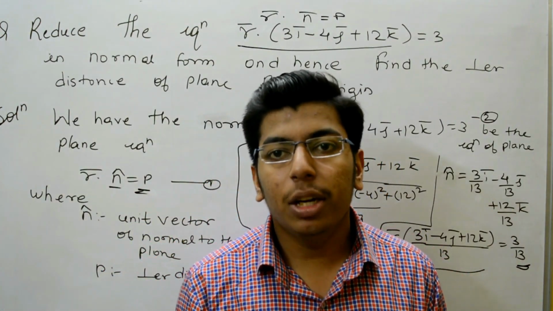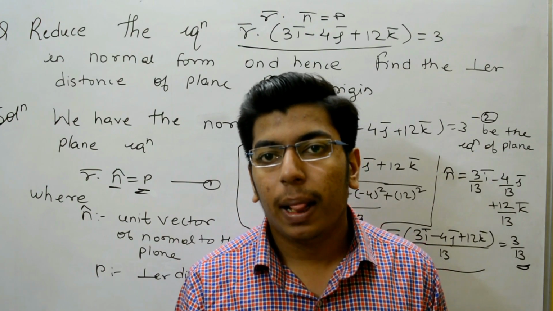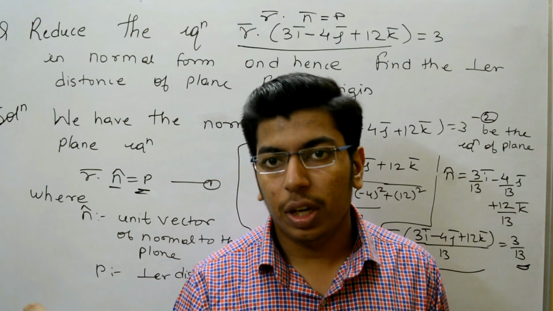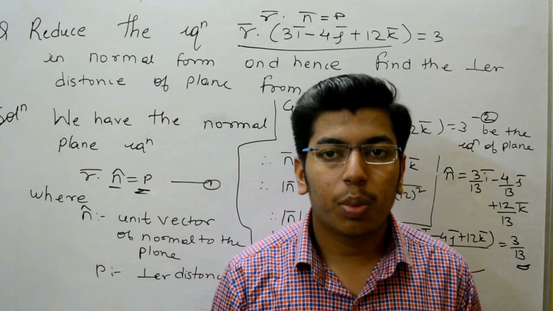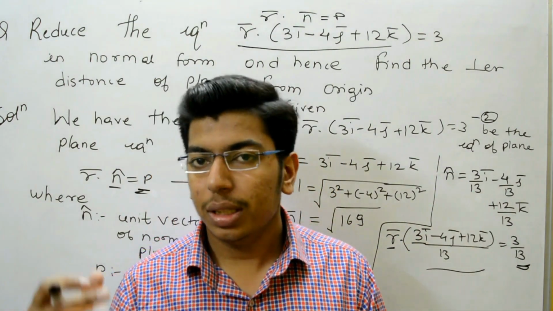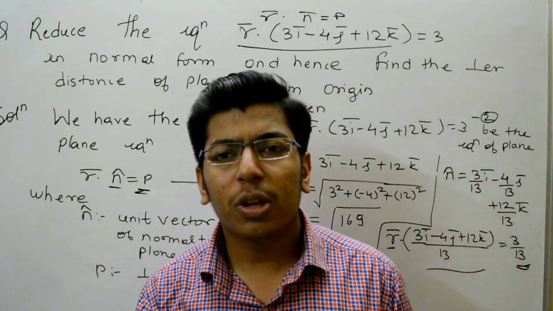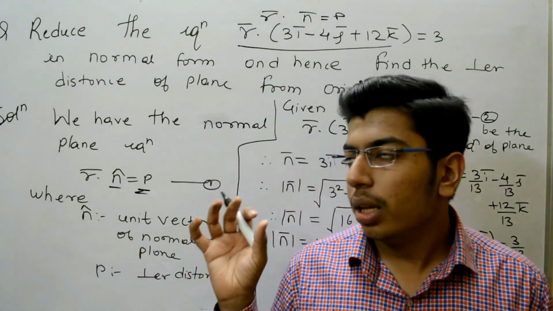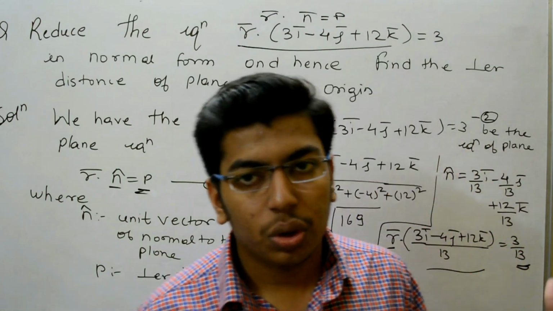The perpendicular distance from origin to the plane is 3 by 13. Here the problem ends. See it very carefully because this problem is very confusing and it is a strong possibility to come in examination. Okay, so solve it out.